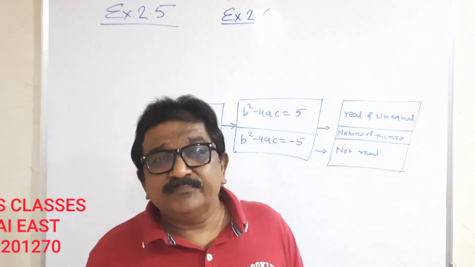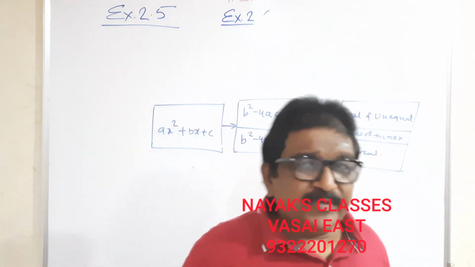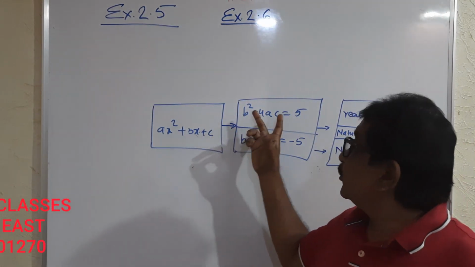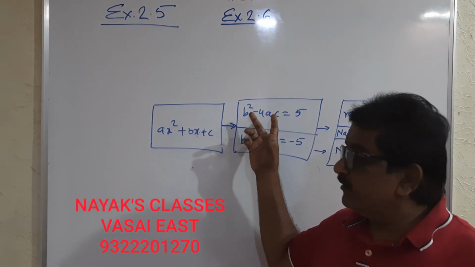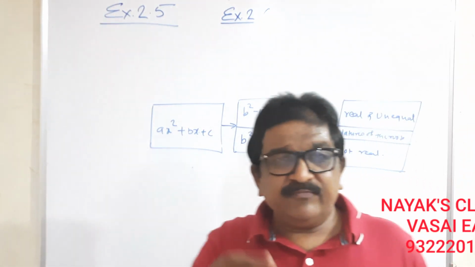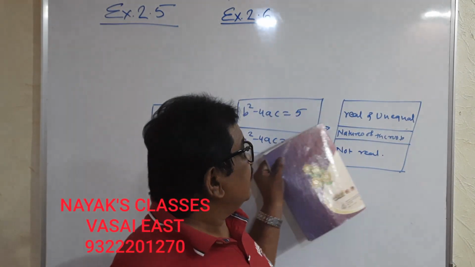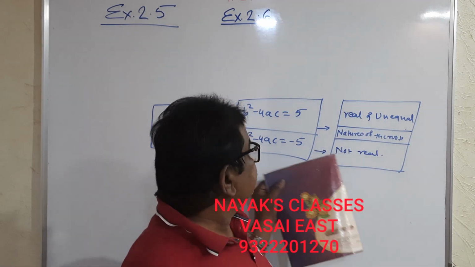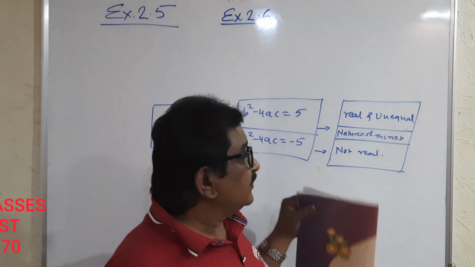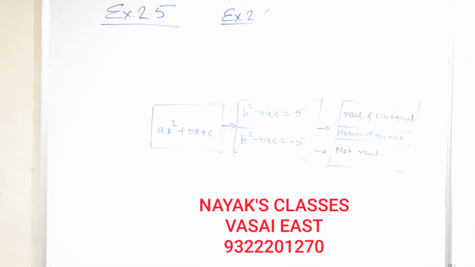This is the fill in the blank activity, so it's very easy. When it is positive, roots are real and unequal, and when b square minus 4ac is negative, then the roots are not real.